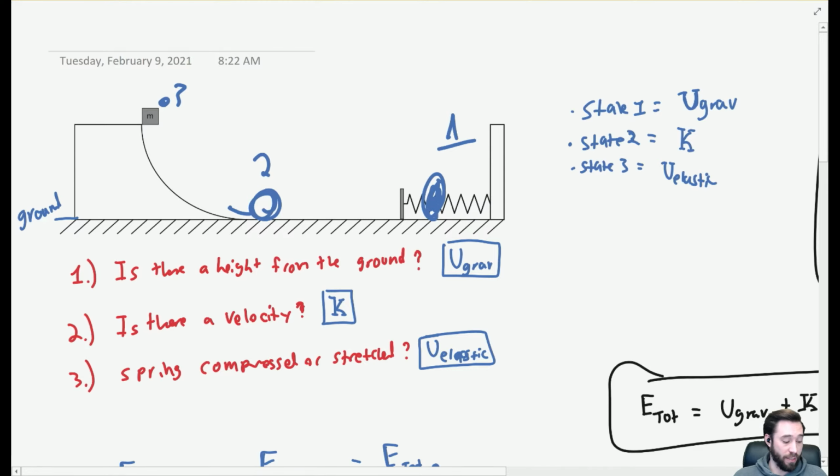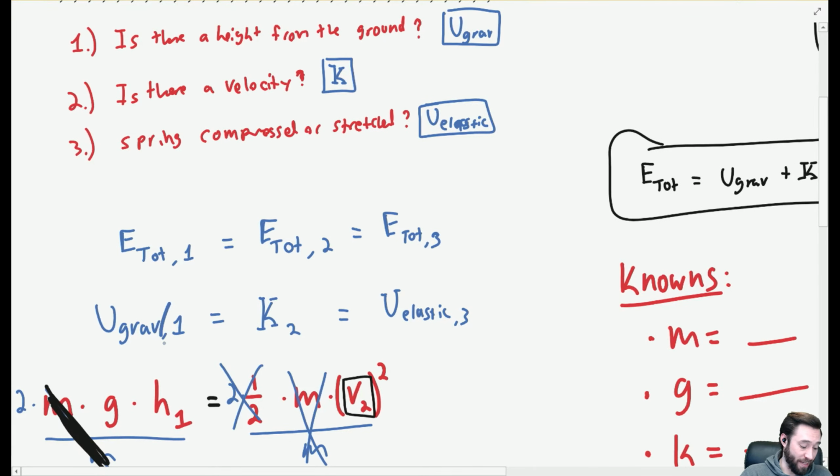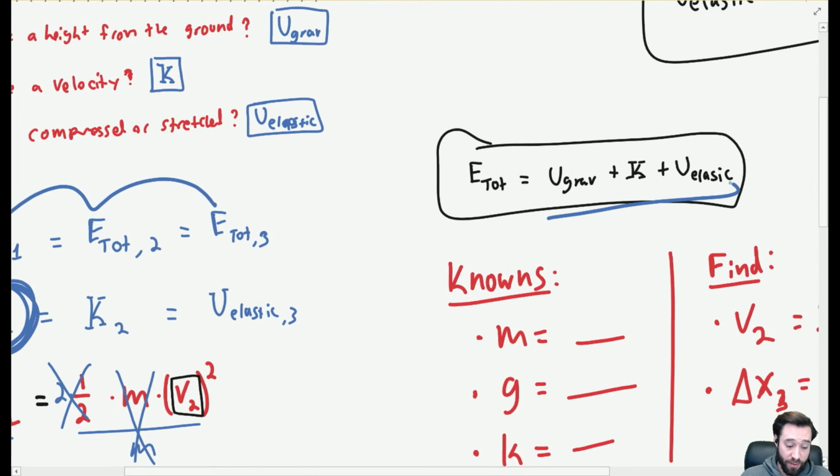So it doesn't matter what order they're in. The subscripts just indicate what state you're referring to. Because technically each of these states has all 3 of these energies. So this could be ugrav 1, kinetic 1, elastic 1, ugrav 2, kinetic 2, elastic 2, and same thing with state 3.